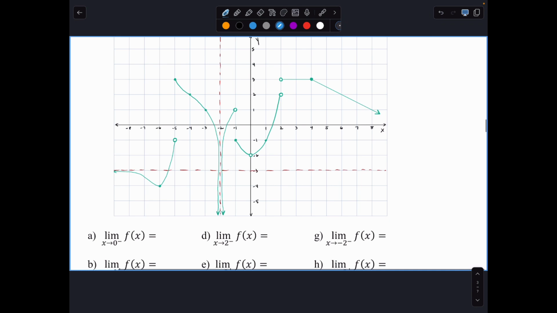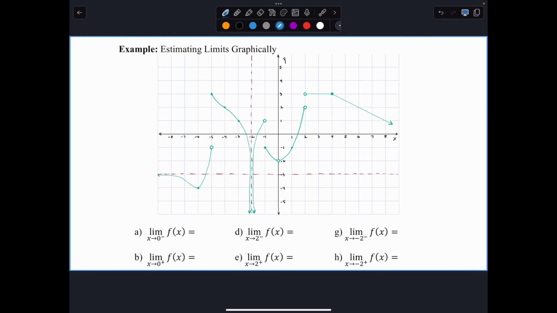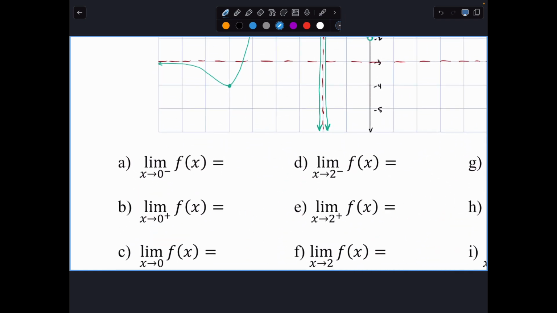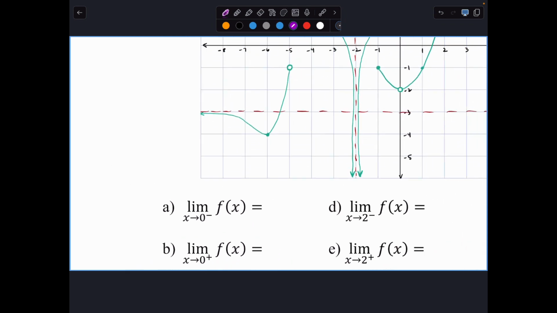So this leads us into estimating limits graphically, from reading a graph, determining whether a limit exists, if it exists what that value is, or if it doesn't exist. So for this first one, as x approaches 0, that negative indicates we're thinking about x approaching 0 from the left.